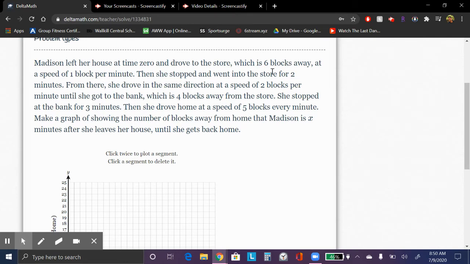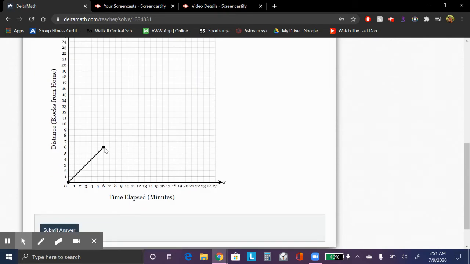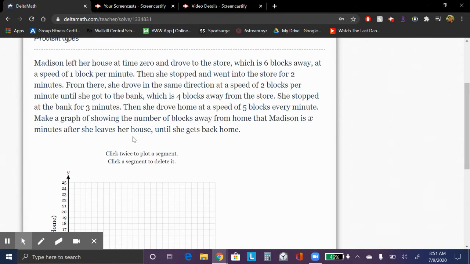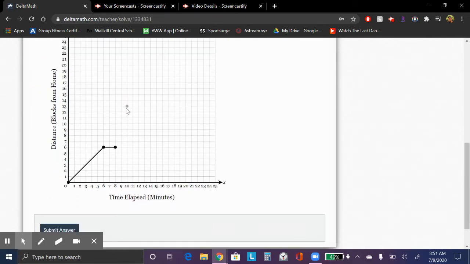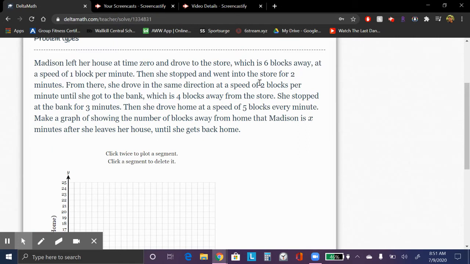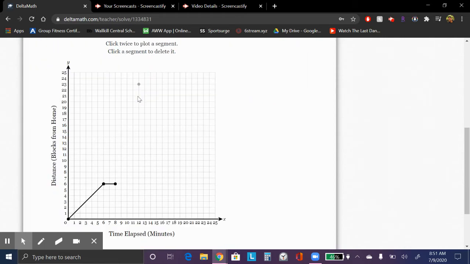Then she stopped and went to the store for 2 minutes. So she stopped and then went to the store for 2 minutes. From there, she drove in the same direction at a speed of 2 blocks per minute until she got to the bank, which is 4 blocks away from the store.